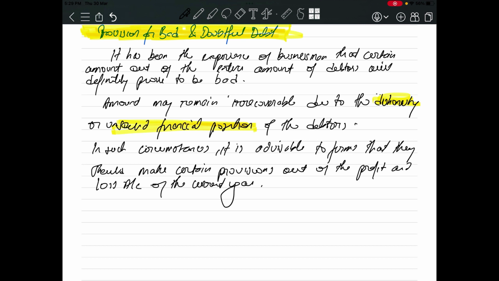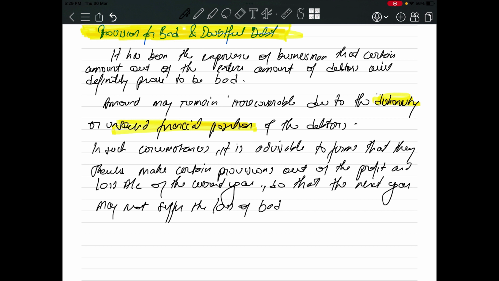I'll explain in detail what this is. So that the next year may not suffer the loss of bad debts relating to the current year.